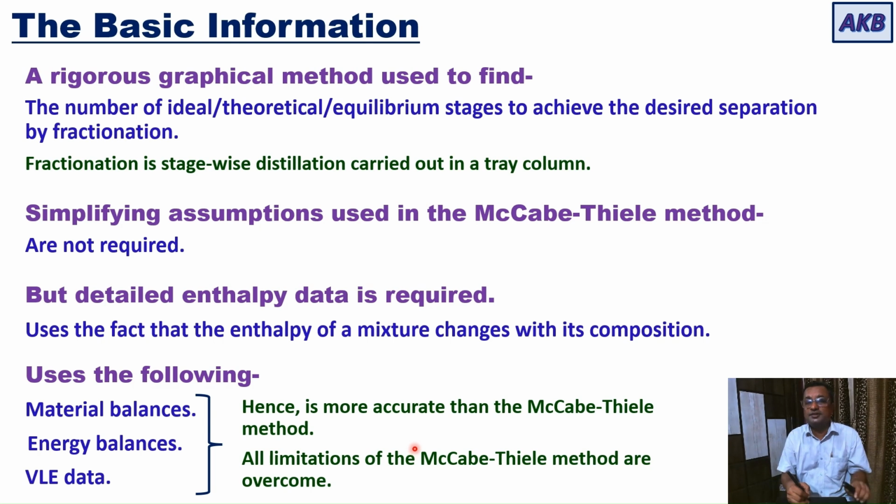Detailed enthalpy data is required. The change of enthalpy of a mixture with its composition is utilized in this method. It uses material balances, energy balances, and VLE data. Therefore, it is more accurate as compared to the McCabe-Thiele method.